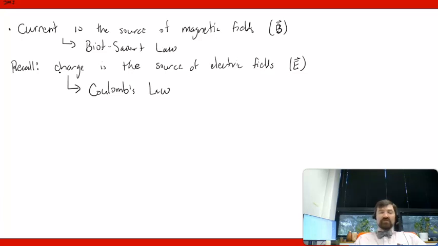This Biot-Savart law, I can basically state it. Let's begin by stating it, then we'll break down what the components are doing for us, and then maybe have a quick example. The Biot-Savart law allows you to calculate some differential magnetic field, dB, by using current.